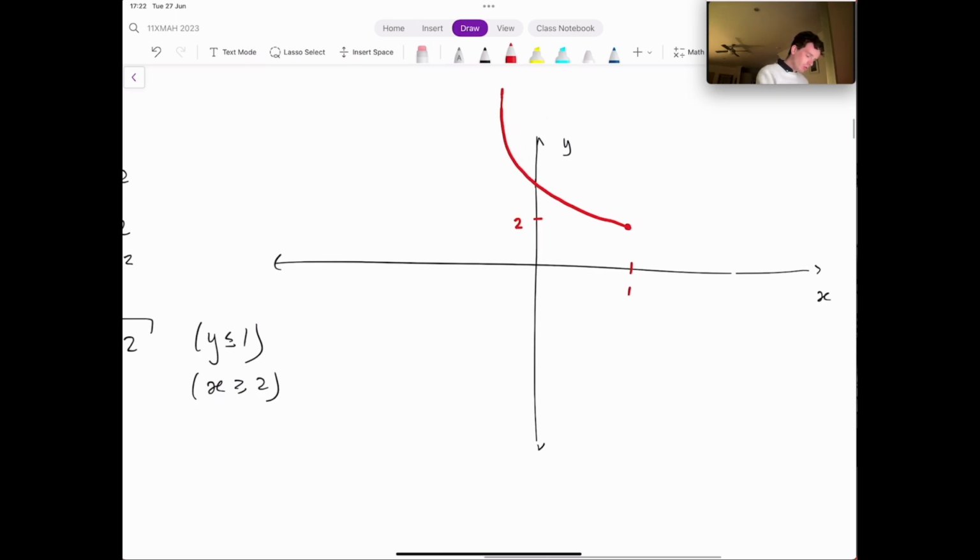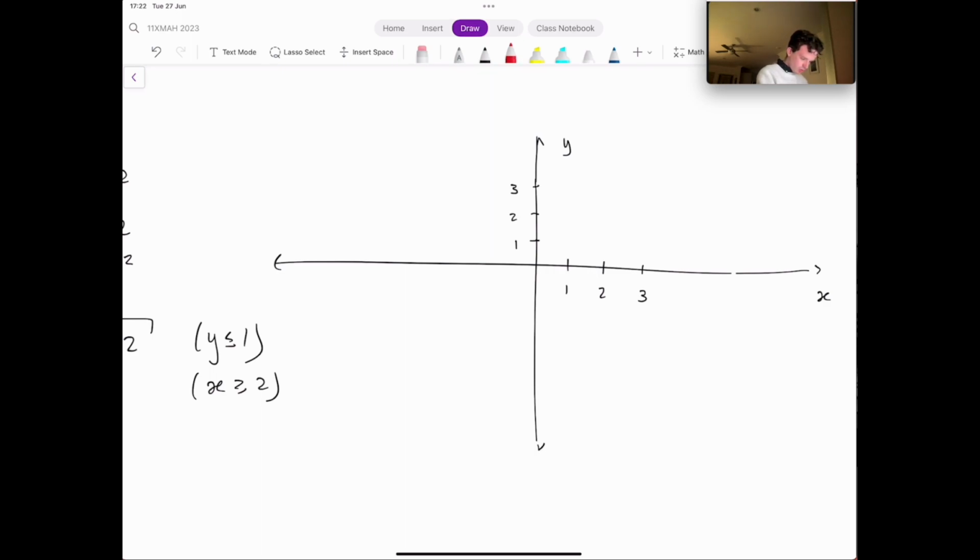Now if we draw the line y is equal to x on this function, I might draw that graph a bit better to scale. So we're going to say this is 1, 2, 3, 1, 2, 3.